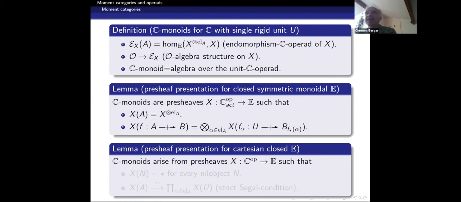But there is a hypermoment category, which has also been developed by Marcy Robertson and Philip Hackney, whose monoids are modular operads. So you can represent modular operads as presheaves, but somehow, yeah, it's a little bit cheating.